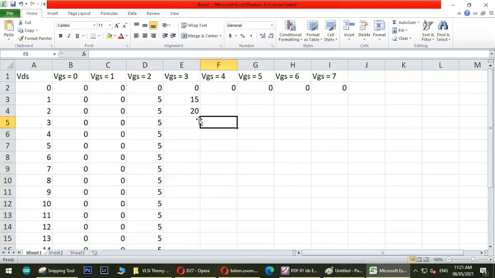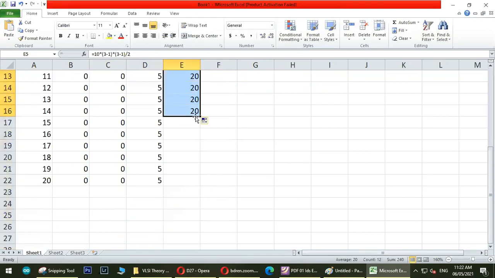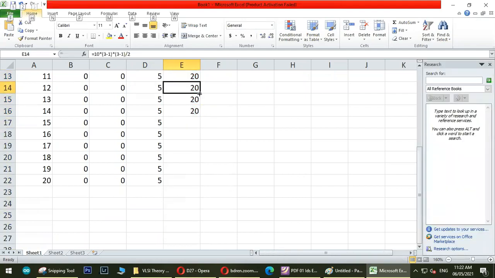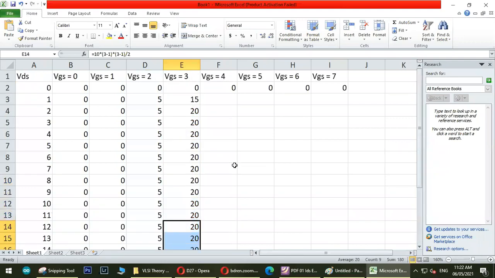We have to delete that. Now come to the saturation. At this point, your 2 minus 1 will not be valid because your VGS is equal to 3. Now, if I go there, you will see it is fixed again.